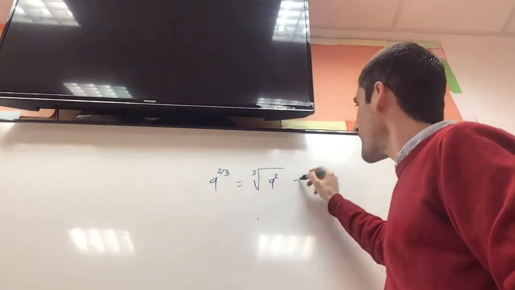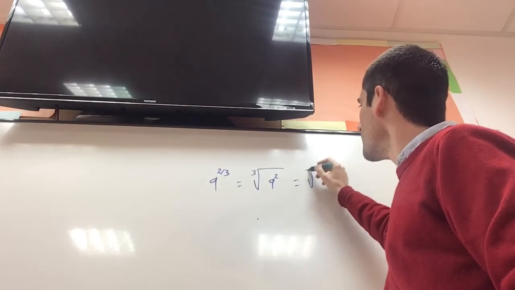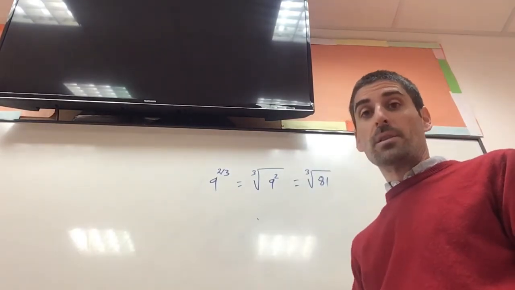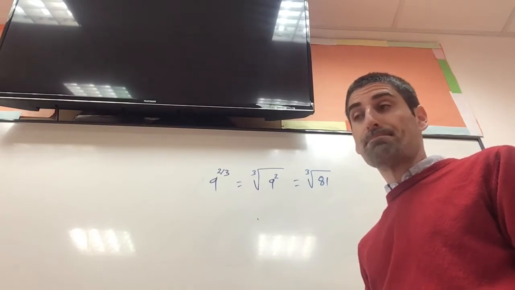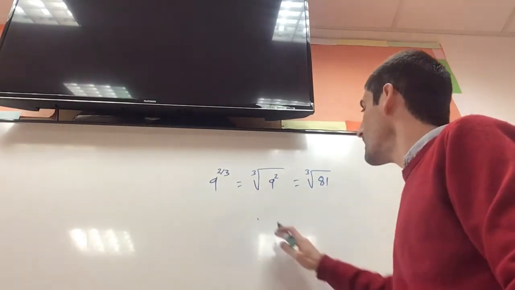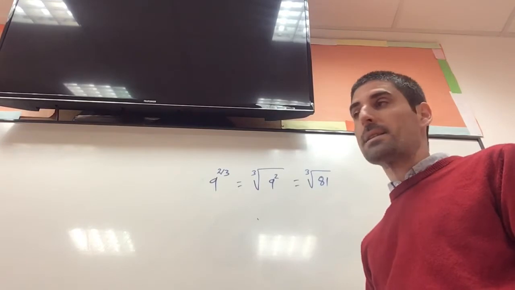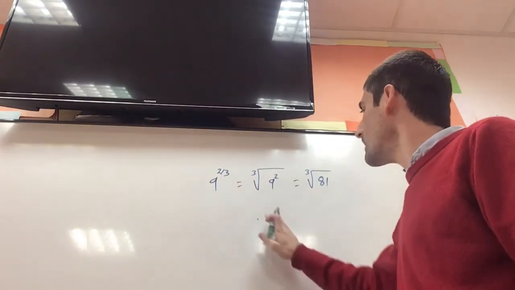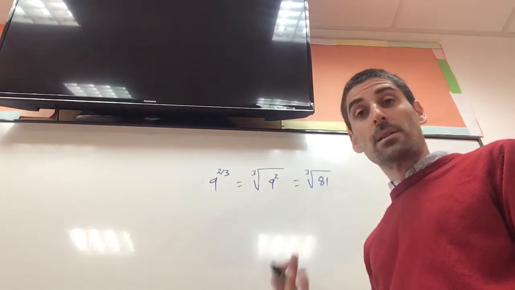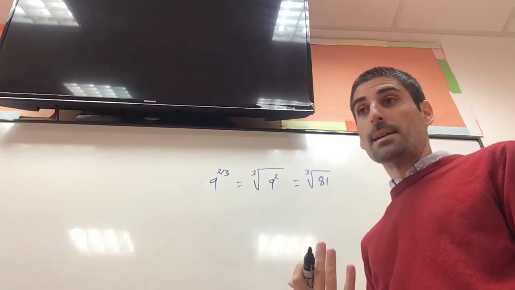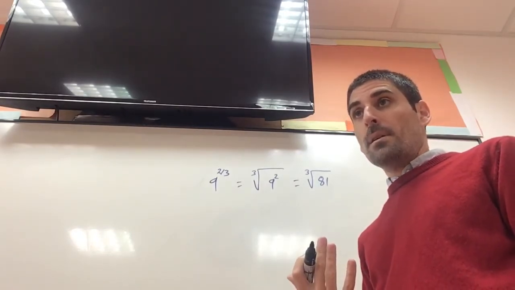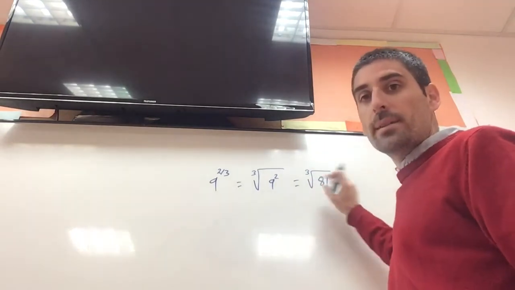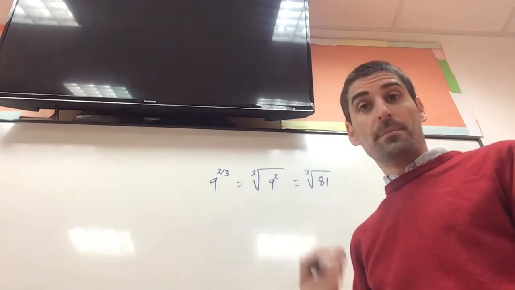So you will get the cube root of 81, and that's just going to give you a decimal. So your answer would just be that, and leave it like that. For now, that's all you could do, unless in the exam they ask you to give your answer as a decimal. Typically, the numbers will work out in such a way that your answer will be a whole number.